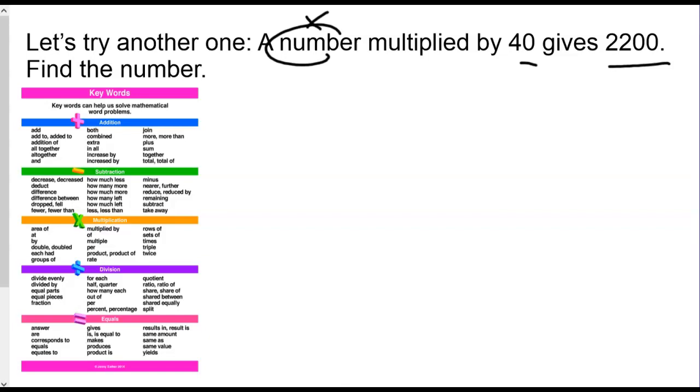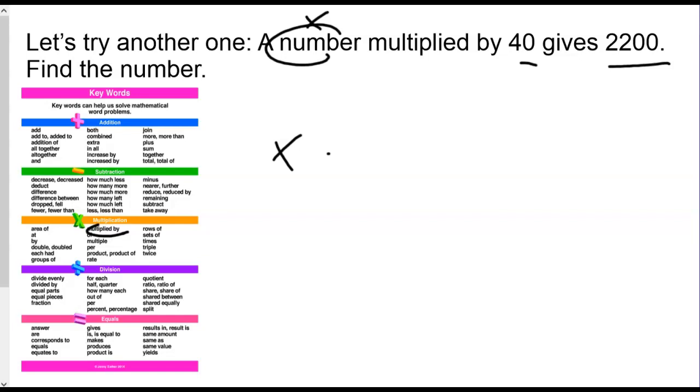So now let's use our keywords to figure out how to translate this English sentence, a sentence written in English with some numbers, into mathematics. And so going back and looking at the sentence, it says a number, and so we'll substitute that as x, multiplied by 40. And if we look in here, right there, it says multiplied by, so down here. And so we'll just use a dot for multiplied by since we have an x already.